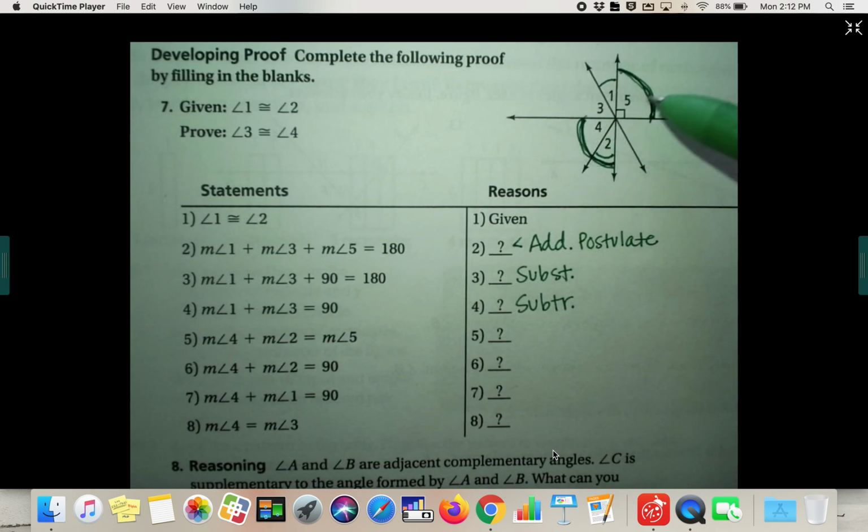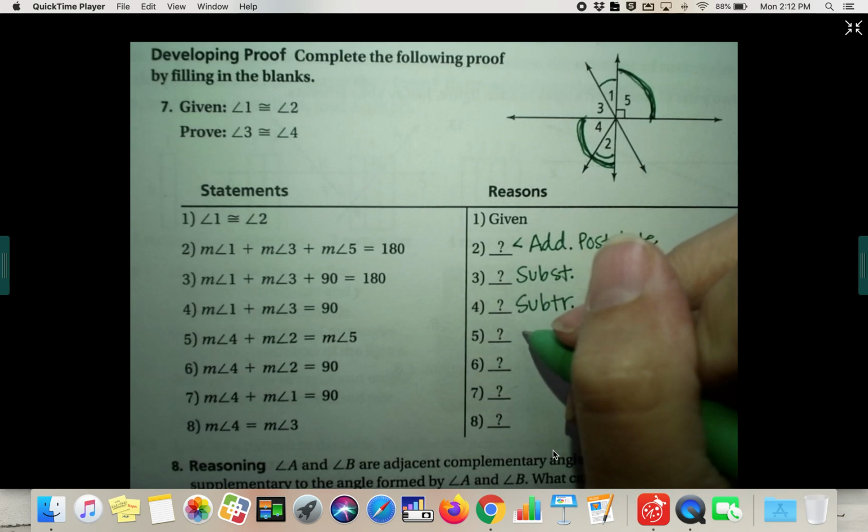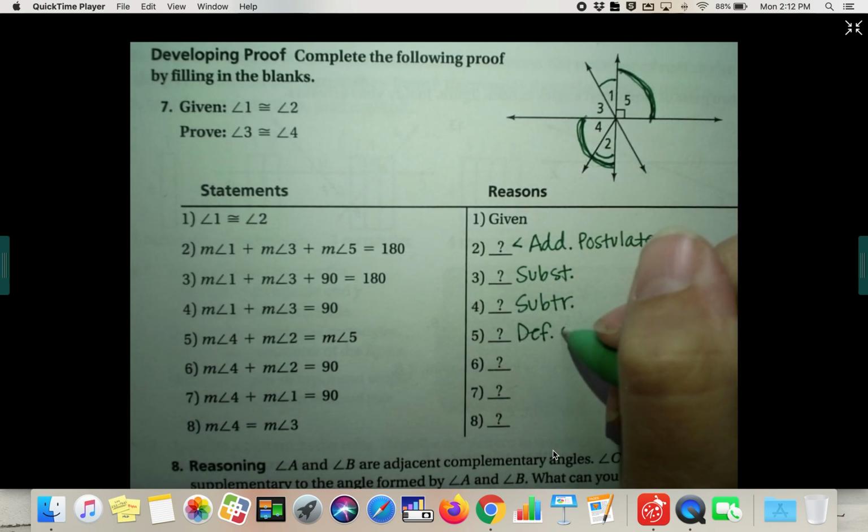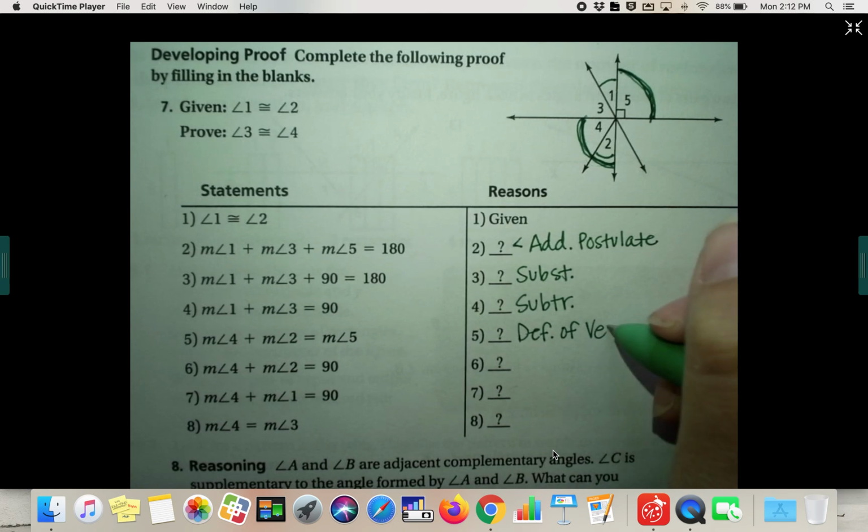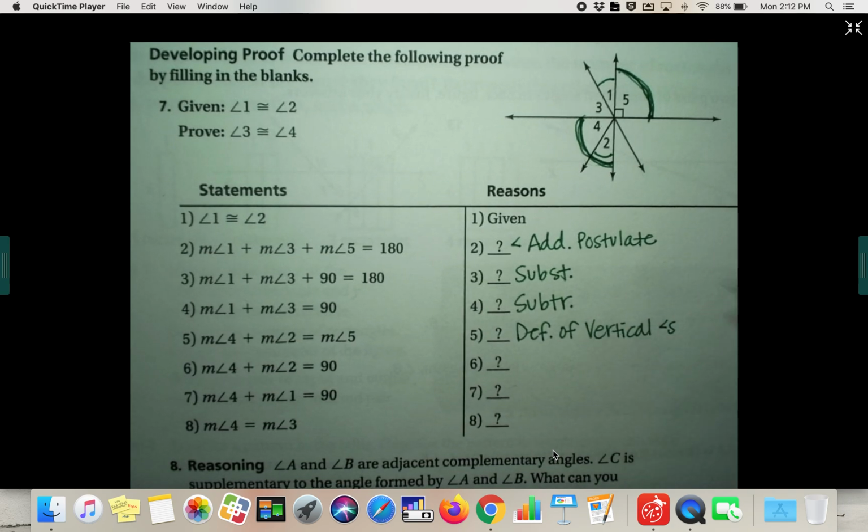These two added together equal this vertical angle. So number 5 is the definition of vertical angles, or actually, this would also be the vertical angles theorem. If it says definition of vertical angles or vertical angles theorem, that's totally fine.